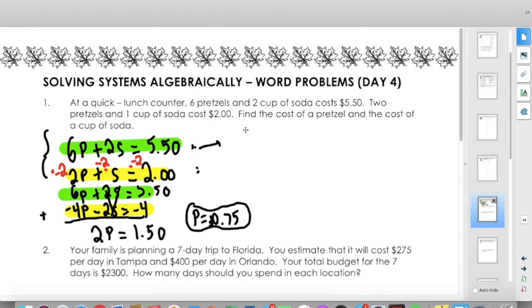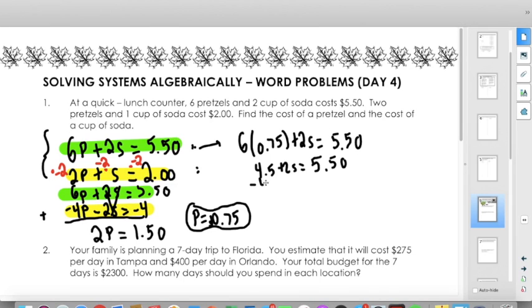So 6 times P, which is 0.75, plus 2S equals 5.50. 6 times 0.75 is going to be 4.5, plus 2S equals 5.50.